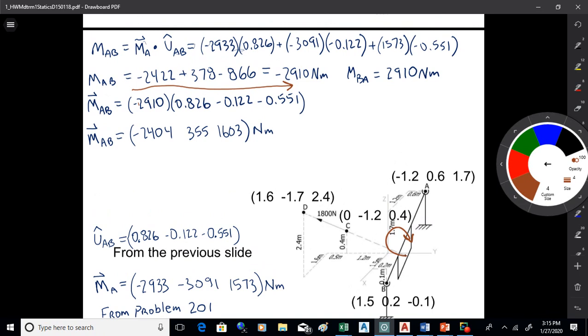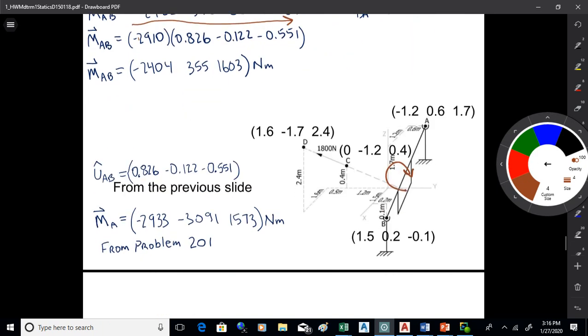That's what we just found. So that's the basics of finding the moment about an axis. It's one more step after finding the moment vector: you project the moment vector onto a unit vector for a given line that represents the axis.